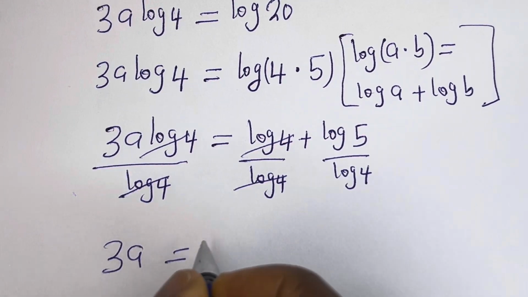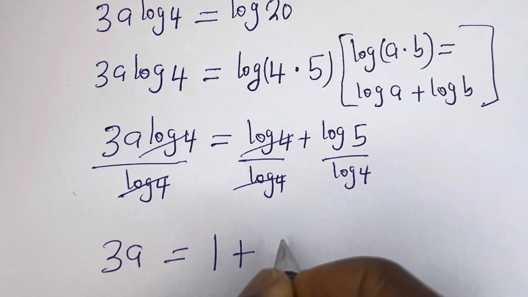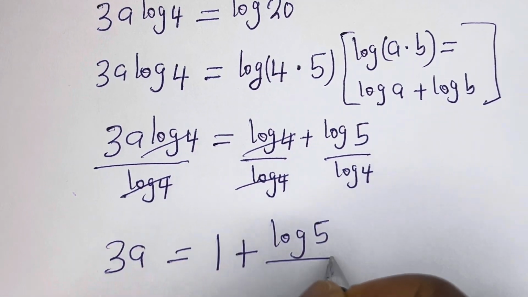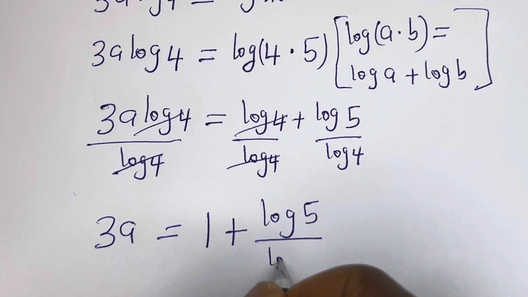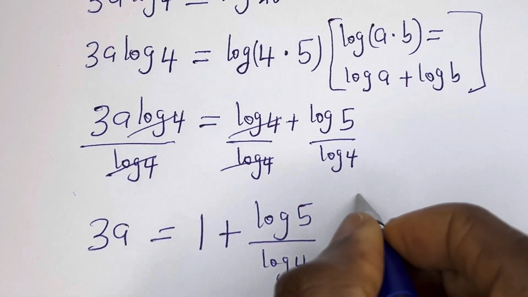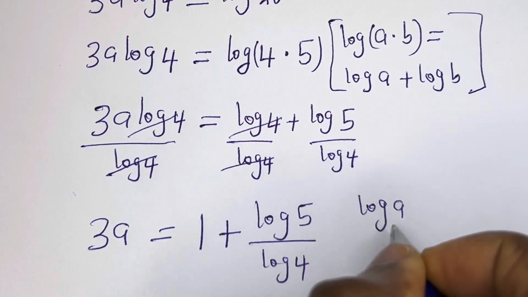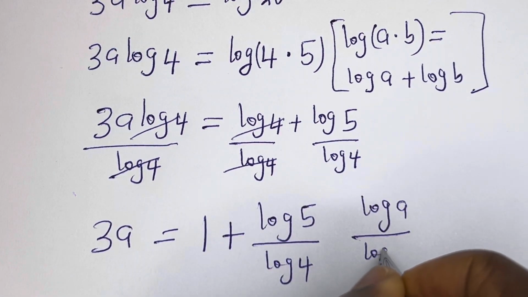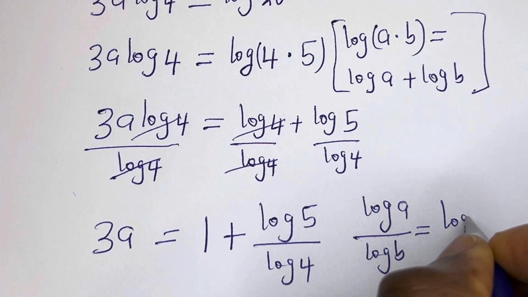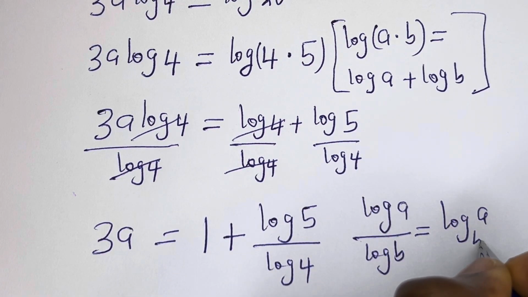3a is equal to 1 plus log 5 divided by log 4. Note that if you have log a divided by log b, this is equal to log a base b.